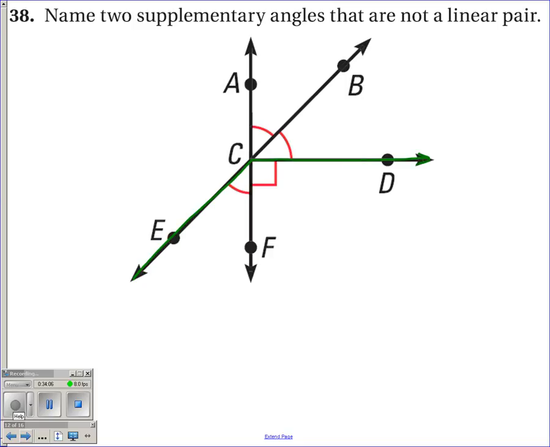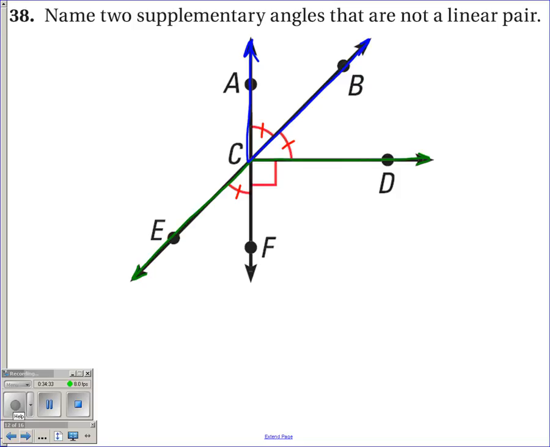Notice on the diagram there are three angles marked as being congruent. This one, and this one. Well, what if we use one of these that has the exact same measure, this angle ACB? Well, now then, because it has the same measure as BCD, they have to be supplementary.